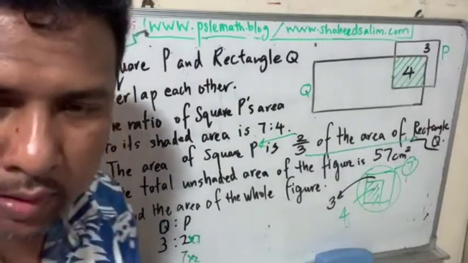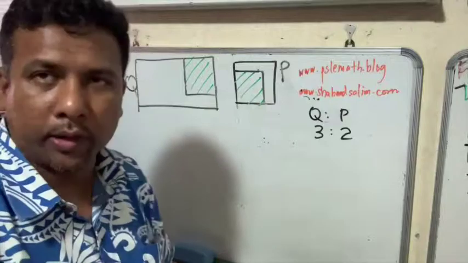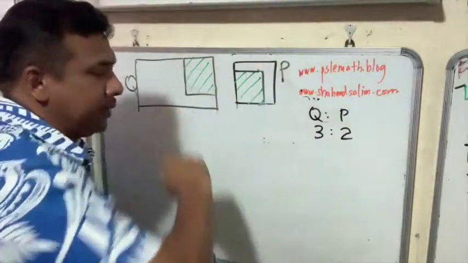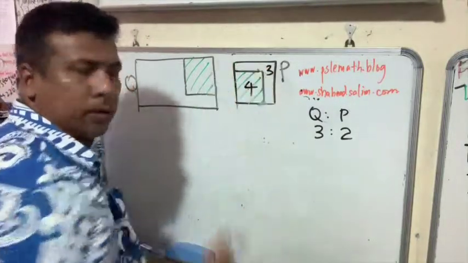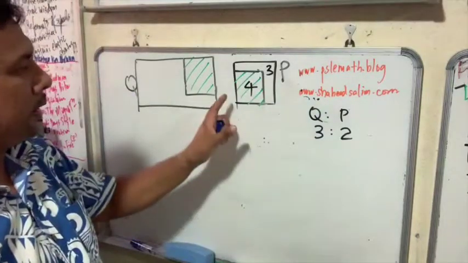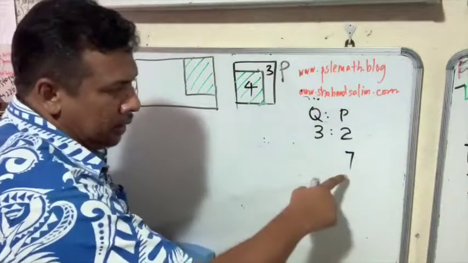Let's revise some of the key points. First of all, we agree that the whole thing is 7, and this is 4 units and this is 3 units. And so P, as I wrote earlier, is 7.